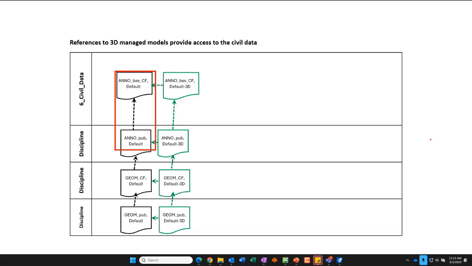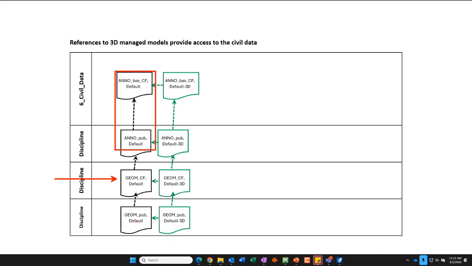If I have a geometry container file, like I do showing in this discipline area, the geometry container file has a reference attachment to its geometry published file. These green reference attachments occur automatically by the OpenSite product.